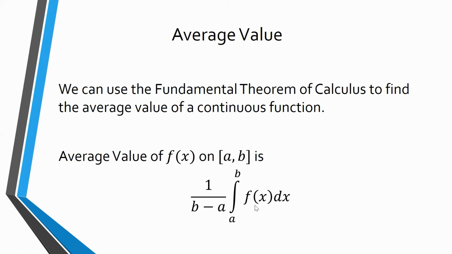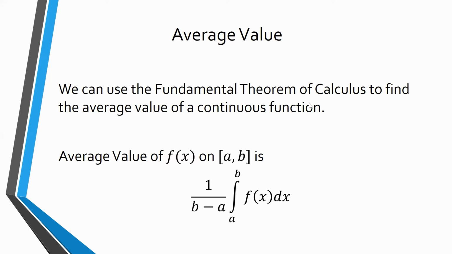Each of those rectangles has a height of f of x. In other words, each of those rectangles has a height of the output of f of x. That means if I divide by b minus a, the distance from b to a, this will give me the average height of f of x.